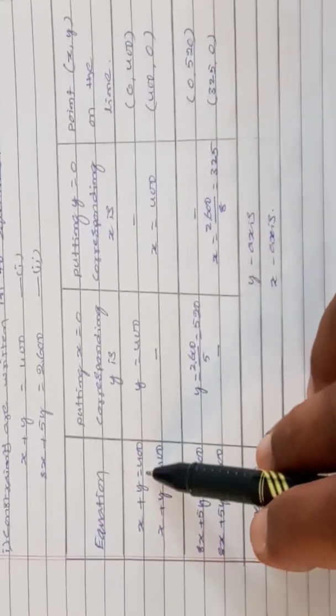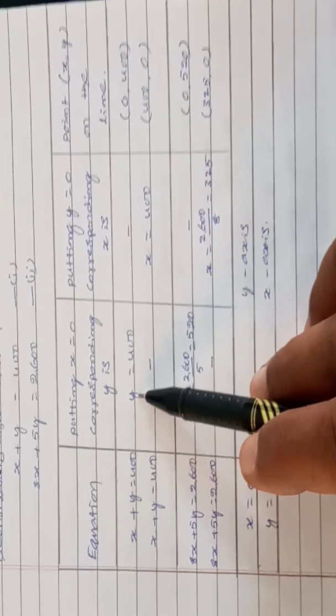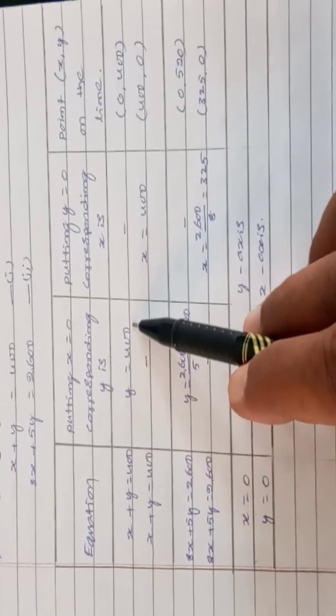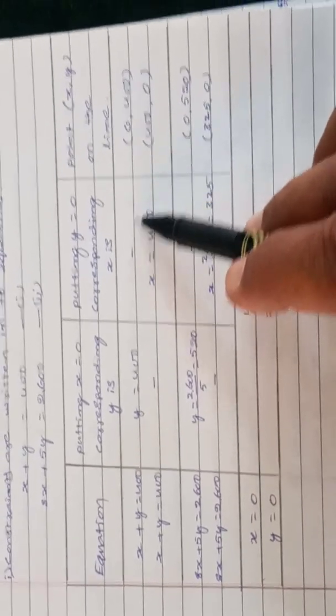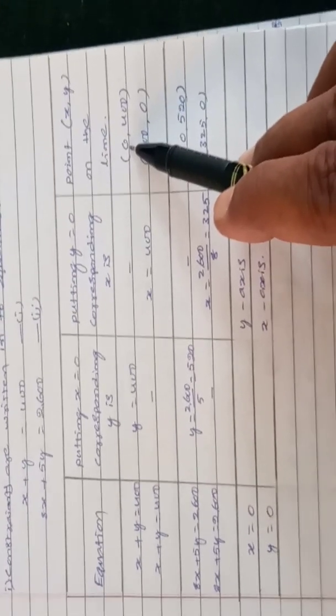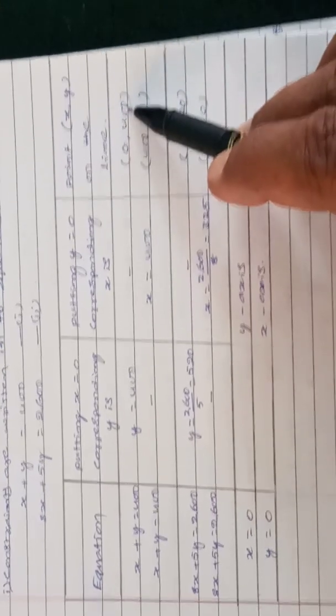For the first equation, x plus y equal to 400, the coefficient of y is 1. Therefore y equal to 400 divided by 1 equal to 400, and the point on the line is x is 0 and y is 400.